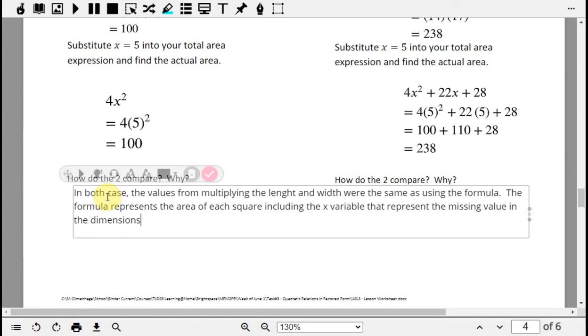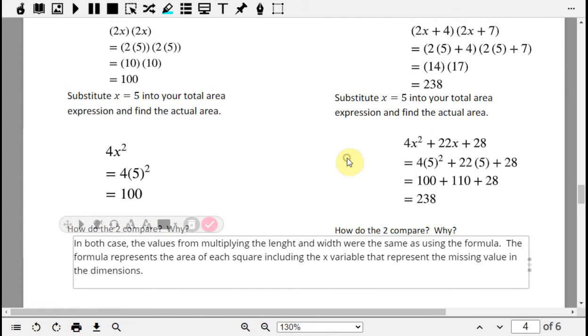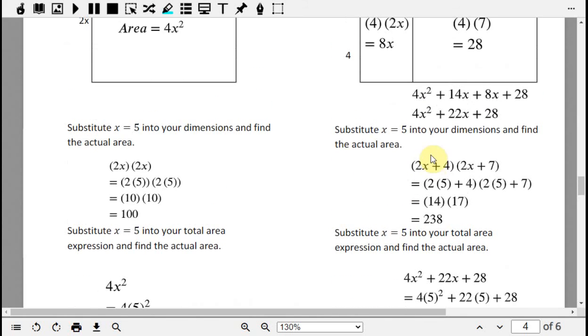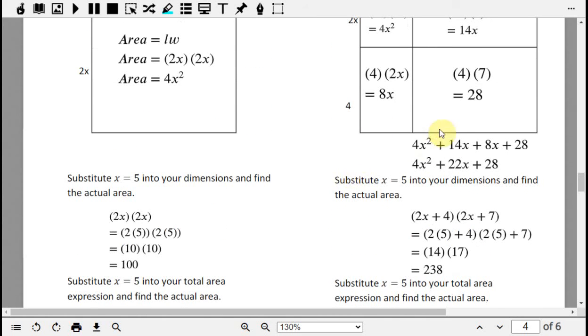And so now you can see that these formulas do work correctly. As well, you can see that this pattern of multiplying each factor also works.